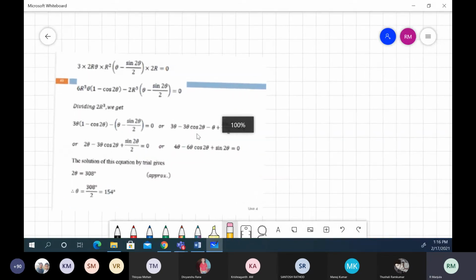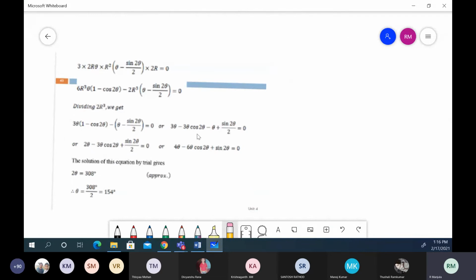So 3 into 2r theta is your P value, and your dA by d theta is r square into 1 minus cos 2 theta, minus A into 2r, equal to 0.